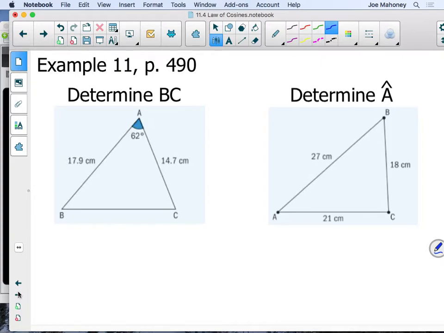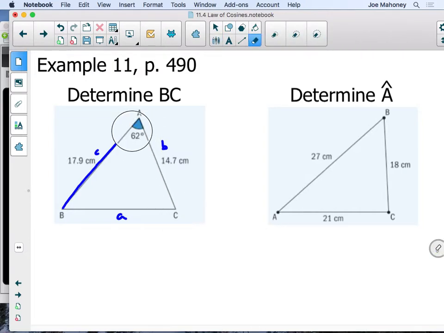Alrighty, so in this first one, this is going to be side A, this is side B, this is side C. Notice something, that for the law of cosines, we want a side angle side relationship. If we have a side angle side relationship, we can then find the missing side.